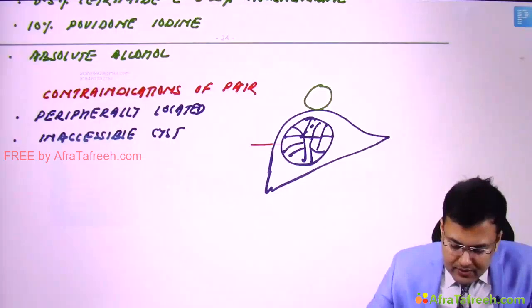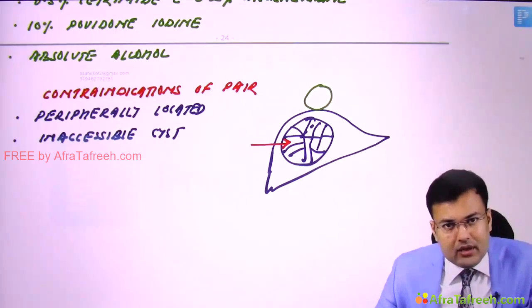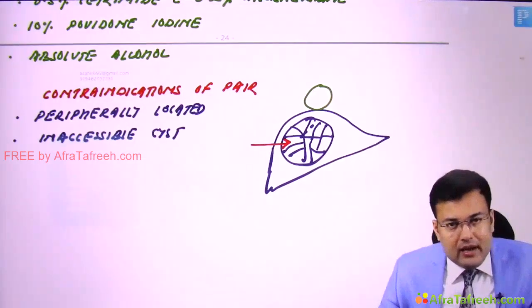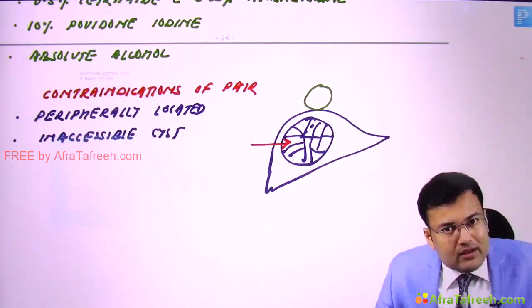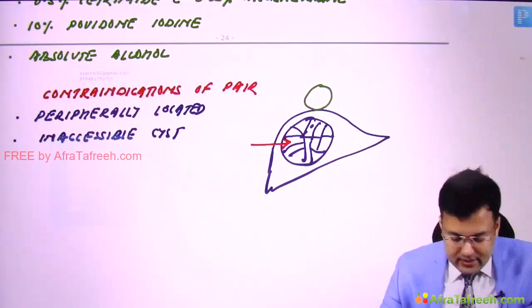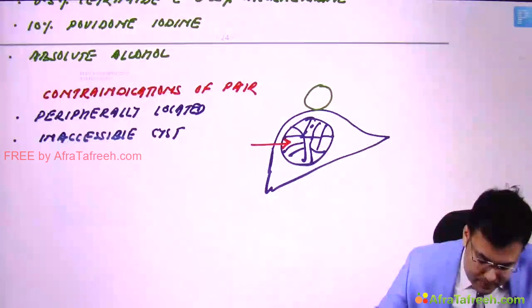If you perform PAIR in a multiloculated cyst, at one point of time you perform it in one loculus only, and at the end of the procedure you are not 100% sure whether all the loculi have been treated, so there is high risk of recurrence. So third is multiloculated cyst.